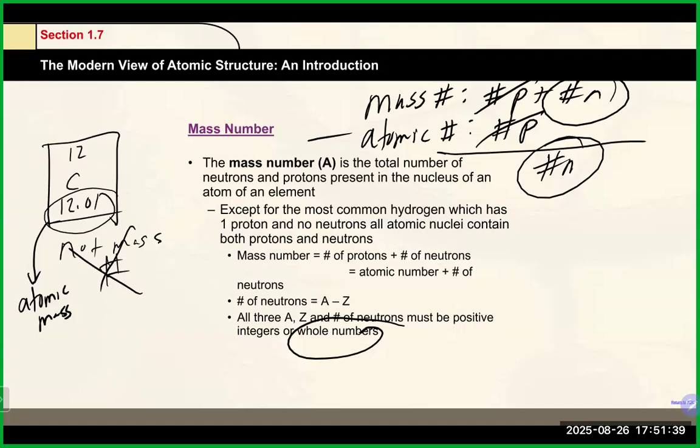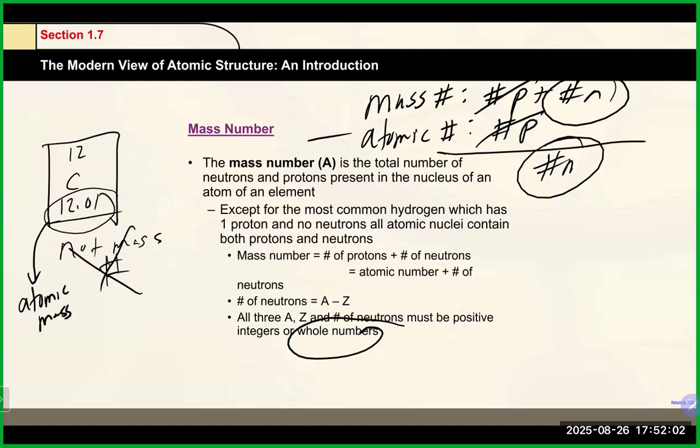Yes, sir. It's used for a couple of things, but it's used to figure out how many neutrons something has. It's also used just as an identifier as to what isotope of the element you may be talking about.